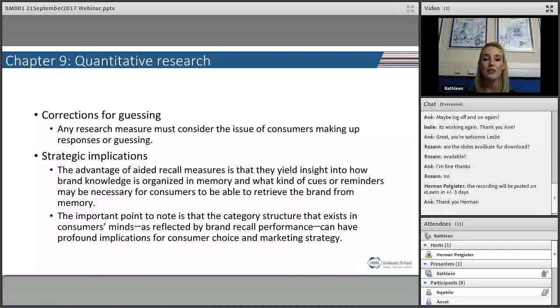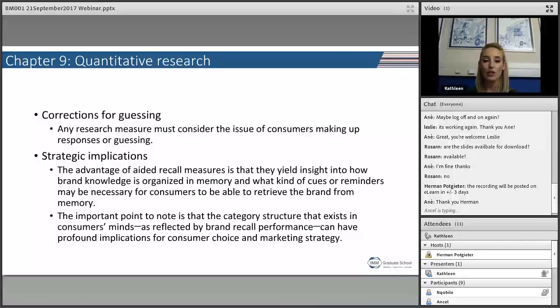We also have to think of the strategic implications of quantitative research. The advantage of aided recall measures is that they give us insight into how brand knowledge is organized in the customer's memory, and also the types of cues or reminders that trigger that brand memory in our customers.